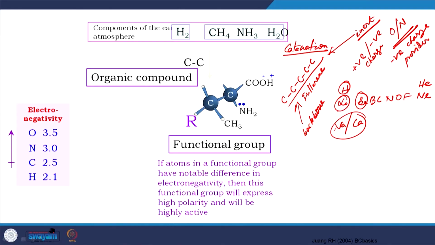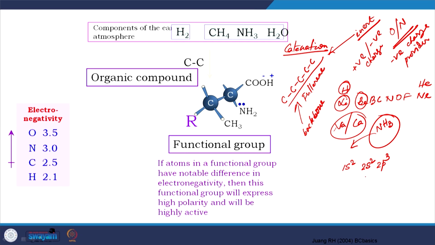Very interesting thing here. We have NH3 we talked about, right? Now, if you remember NH3, it's nitrogen, it's 1s2, 2s2, 2p3.